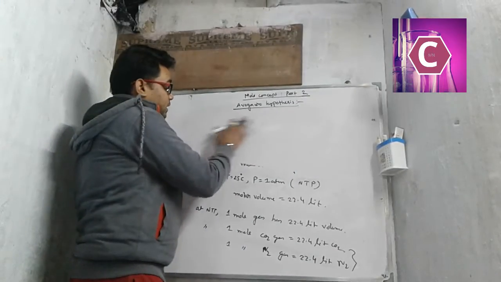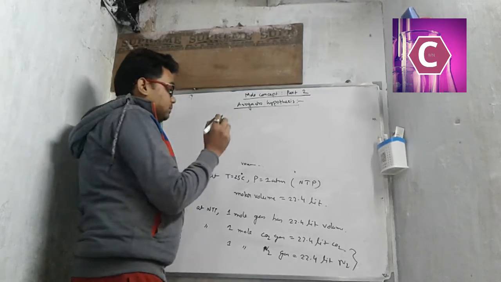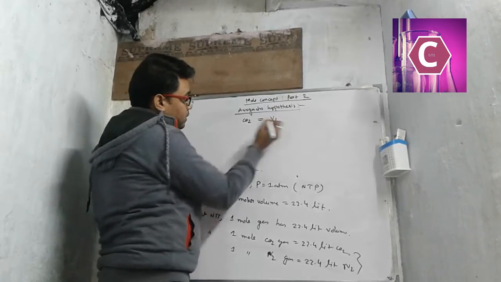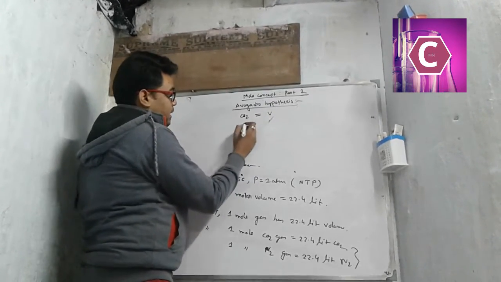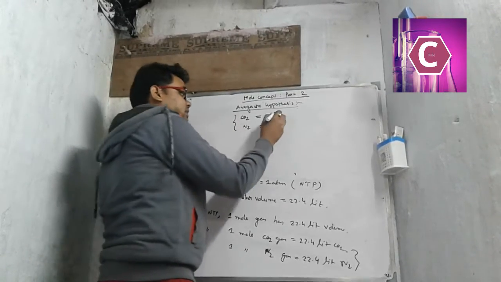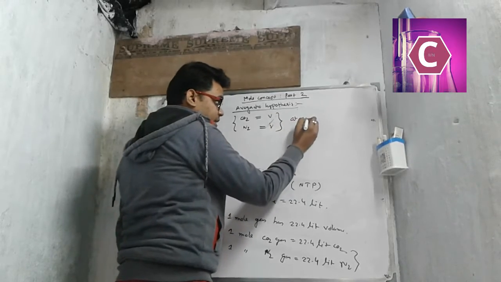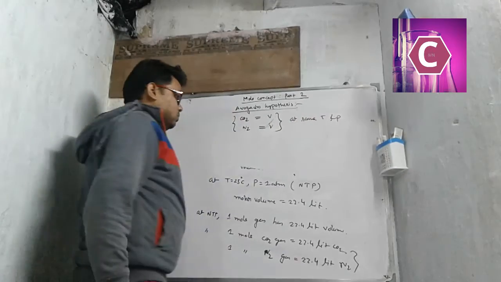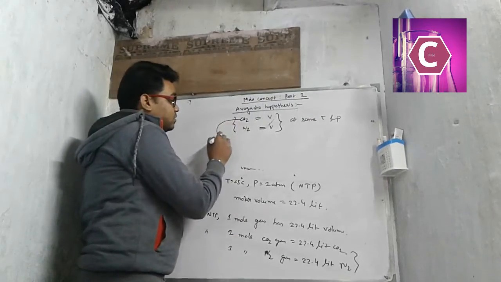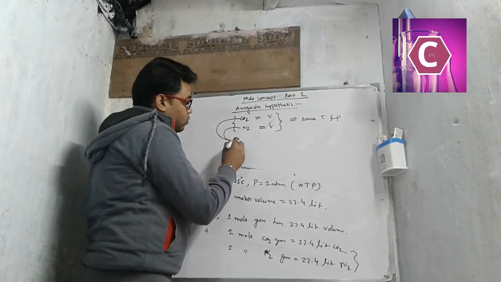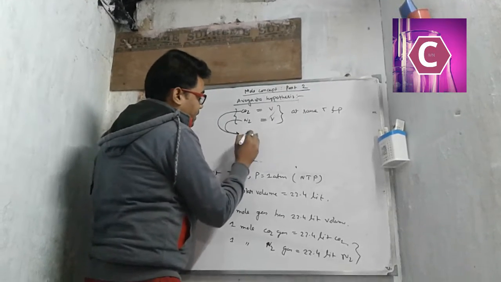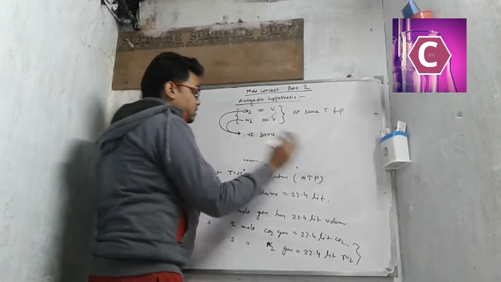That means, let's say a carbon dioxide gas whose volume is V, and a nitrogen gas whose volume is V. So these two different gases have the same volume at the same T and P. Then according to Avogadro hypothesis, we can say the number of CO2 molecules and the number of N2 gas molecules in this condition is the same.